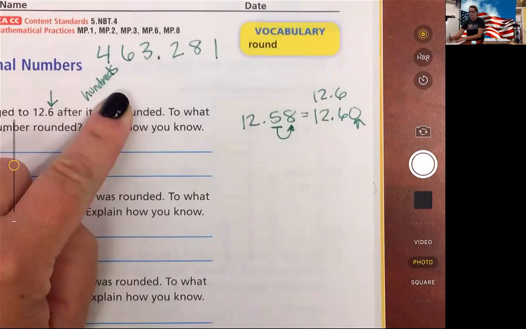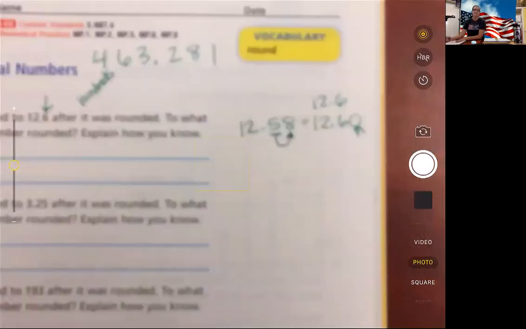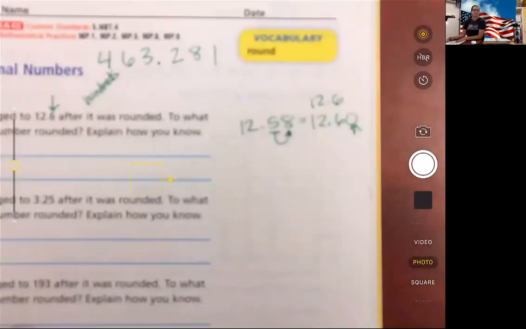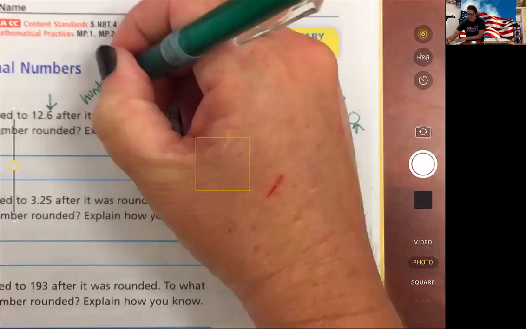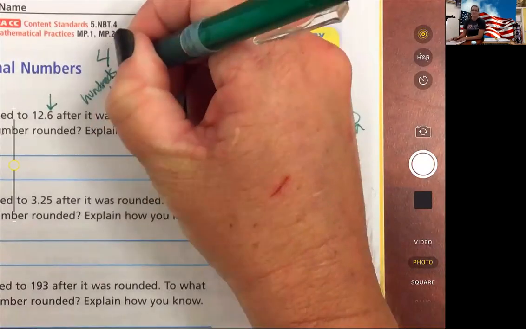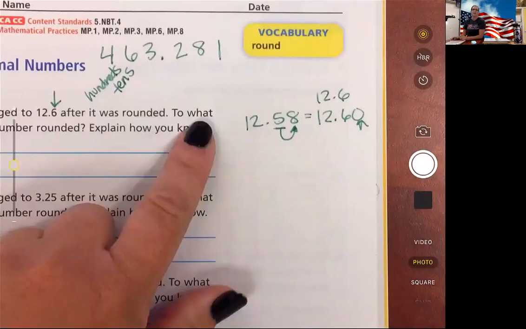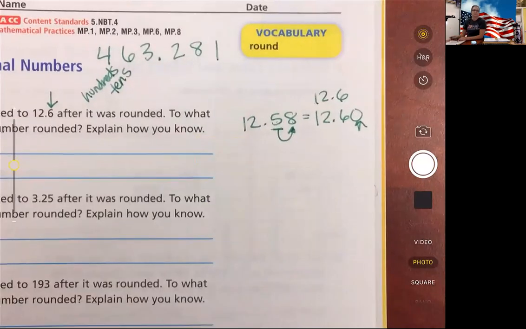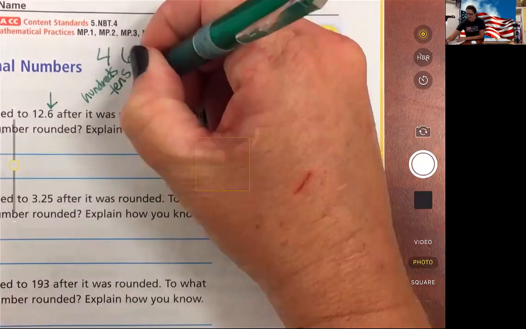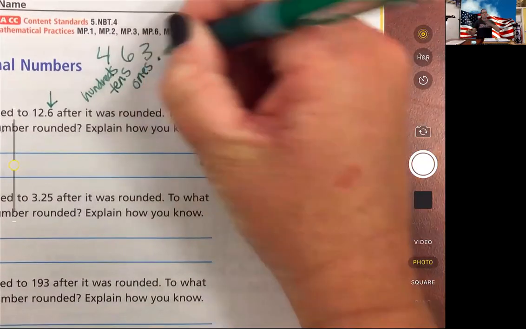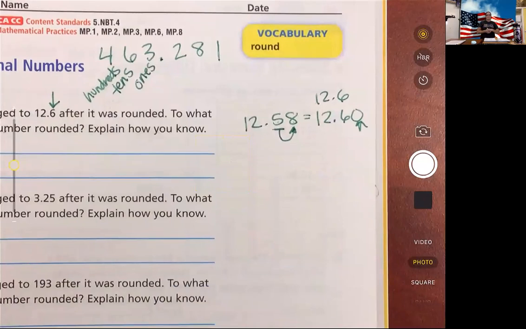What about my 6? The tens place. Yes. What place is the 3? Ones place. Yes. And then I have my decimal. Moving to the left from our decimal, we have the ones, and then the tens, and then the hundreds, and then the thousands, and then the ten thousands, hundred thousands, millions, and then we go on and on in that same pattern.